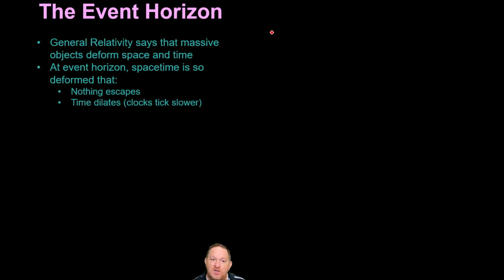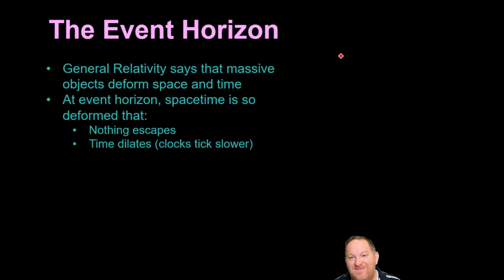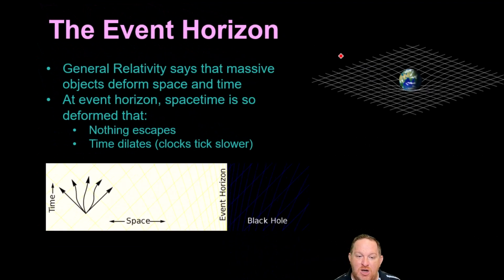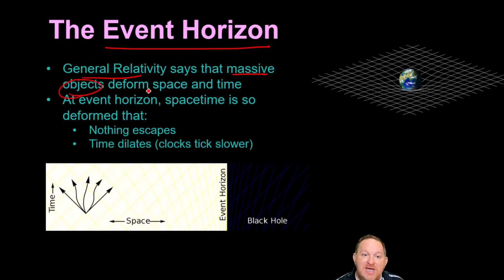Okay, so let's go into a little more detail about the event horizon. Okay, so the event horizon, remember, is that point by which nothing can escape. So general relativity, all right, think Einstein, tells us that massive objects like a black hole, like the Earth, like the Sun, deform, bend space and time.